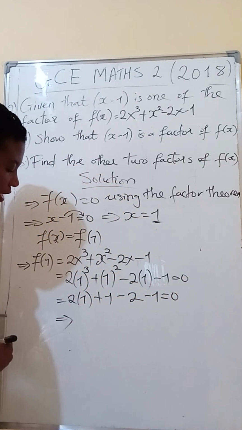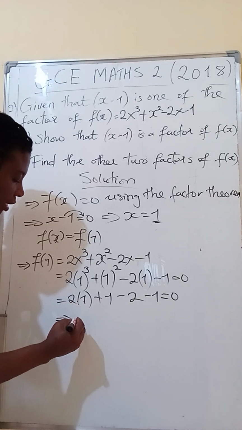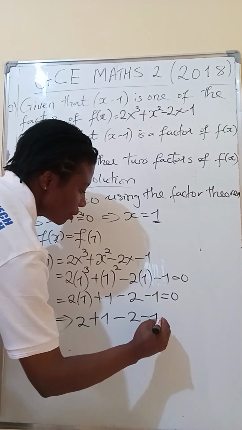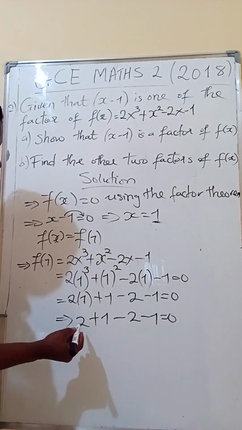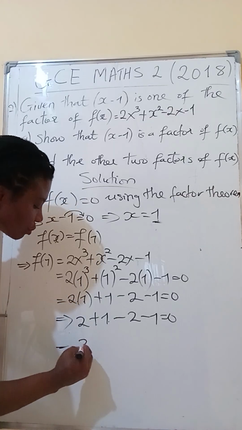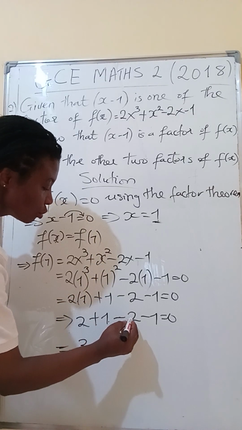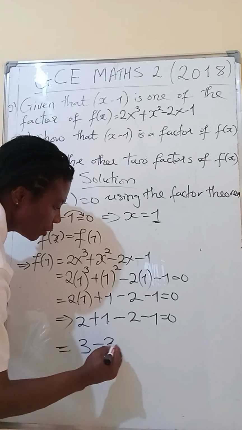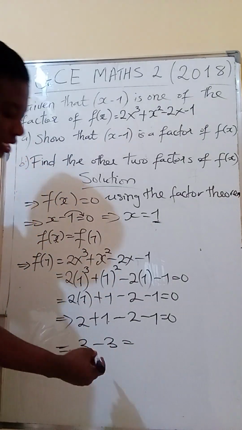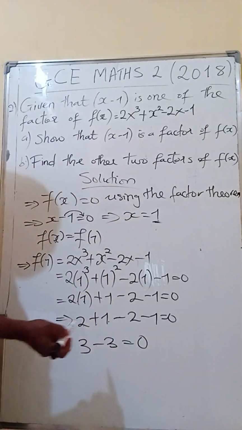So 2 times 1 is 2, plus 1, minus 2, minus 1 equals to 0. So we say 2 plus 1 equals to 3, and minus 2 minus 1 equals to minus 3. When you go through your number line, you will see that 3 minus 3 is 0.